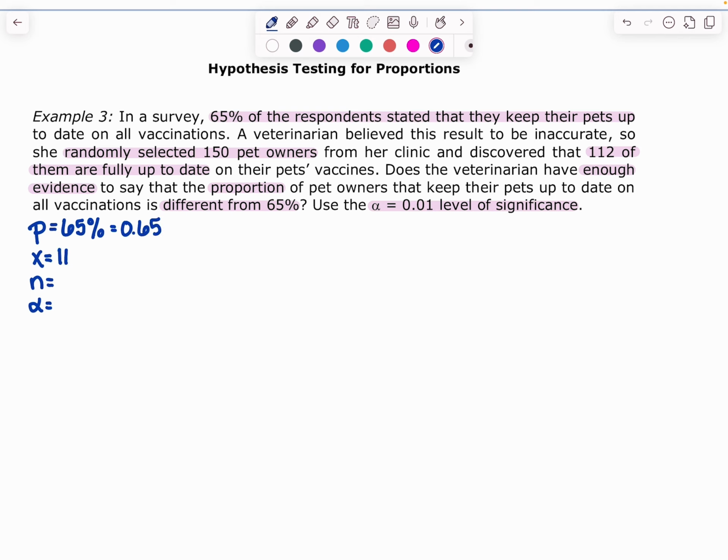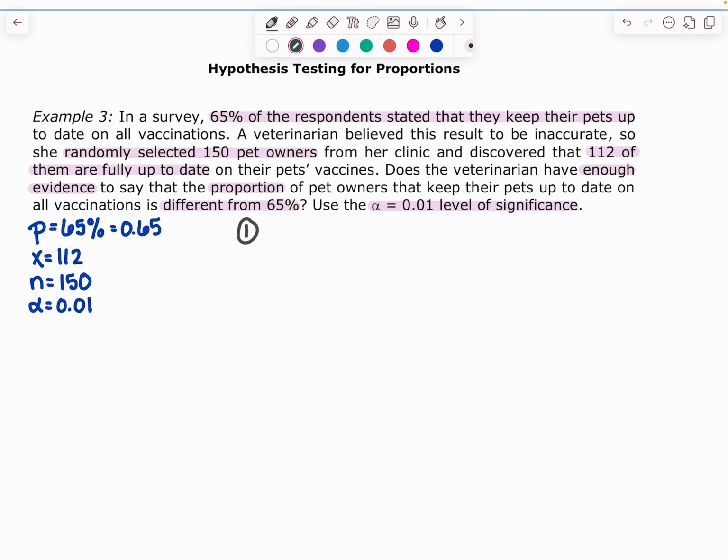X is the 112 pet owners that have their pets fully up to date. 150 pet owners were surveyed, and our alpha is 0.01.